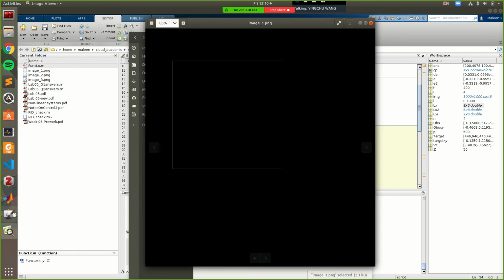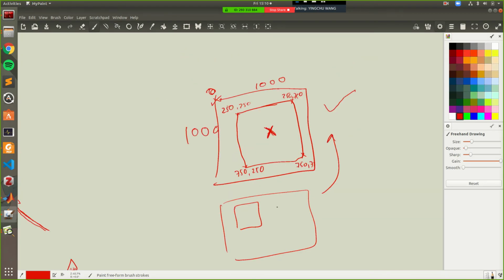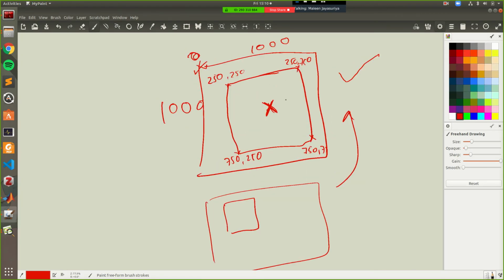So no rotation. It looks like this, and we just have to bring it here, right? What is our velocity vector? Our velocity vector contains Vx, Vy, Vz, omega x, omega y, omega z.